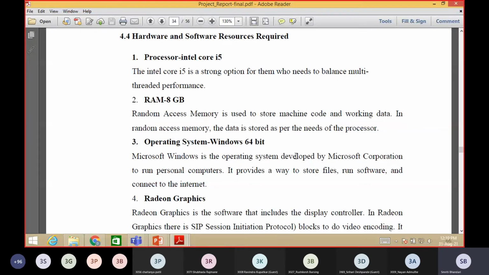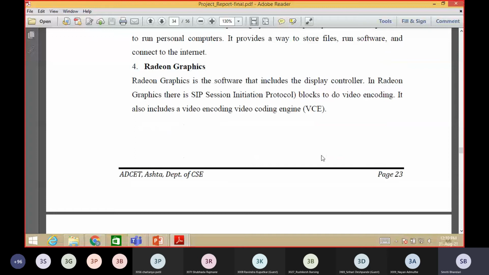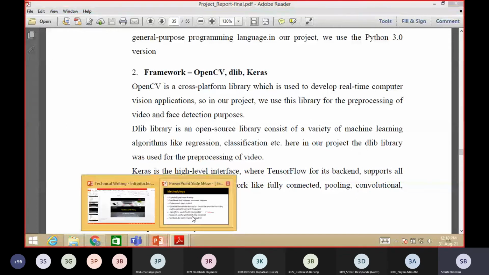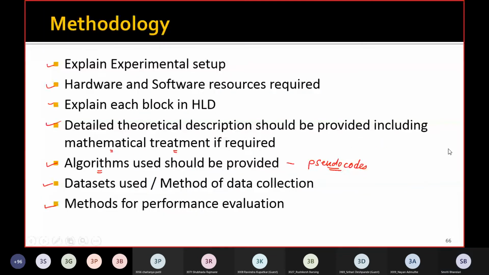See here, the hardware and software systems or resources required are also mentioned. The experimental setup and the frameworks used are also mentioned. So this is how we should write the methodology.